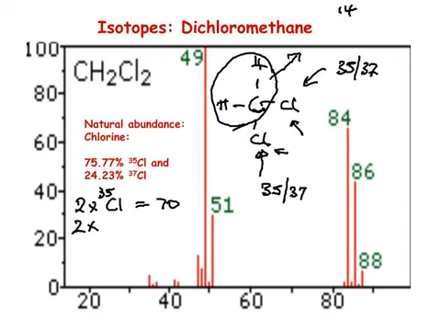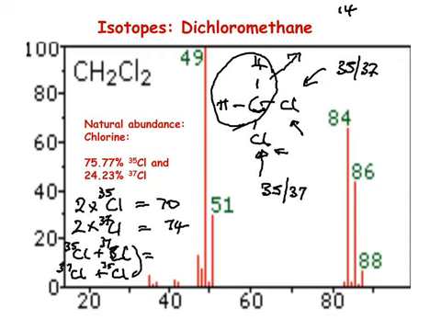If we get 2 37s, that's going to give us 74. And we can also get a 35 plus a 37, and we can have, statistically it is different, a 37 plus a 35. Now both of these give rise to a mass of 72.